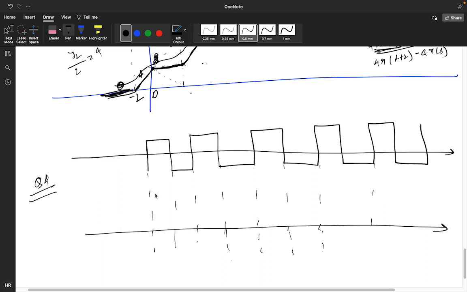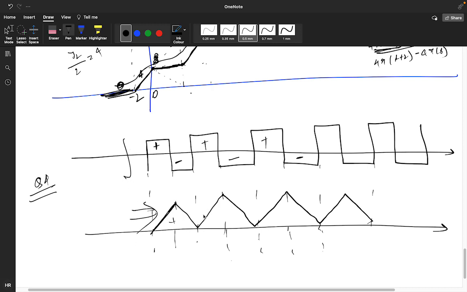So this is my positive graph, this is my negative graph, positive, negative, positive, negative. So what is the meaning? For positive graph my slope will be positive, for negative graph my slope is negative, positive, negative, positive, negative. So what am I getting? A triangular signal. For this kind of signal, if you integrate it, you will get a triangular signal.